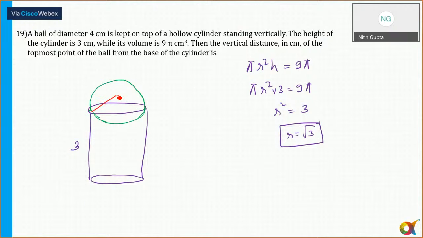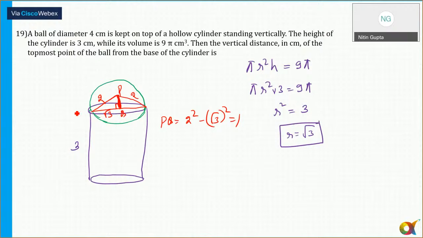The radius of this ball, diameter is 4, that is 2. From the top level to the center of the ball, this is what I'm trying to identify. What is this height? Now the radius of the cylinder is root 3. So this is point P and this is Q. Can you tell me the length of PQ? PQ is equal to the square root of 2 square minus root 3 square, which is equal to 1.